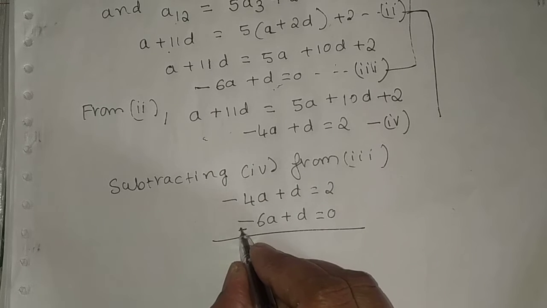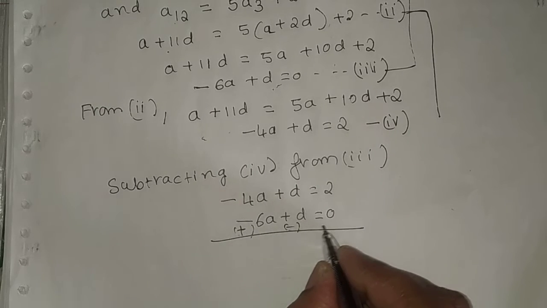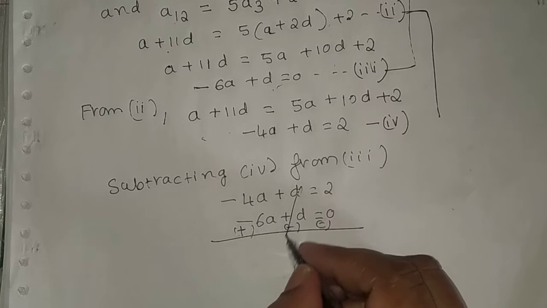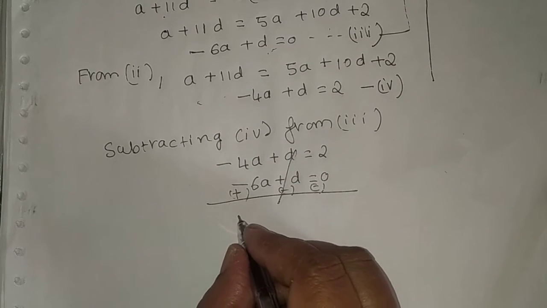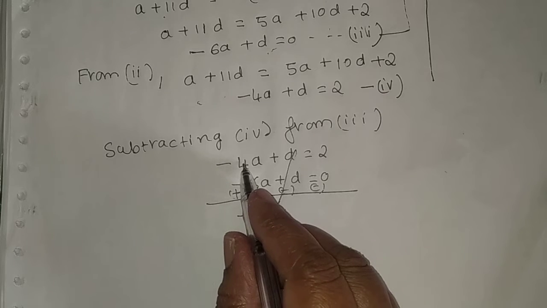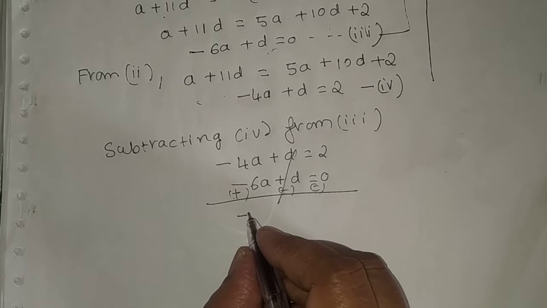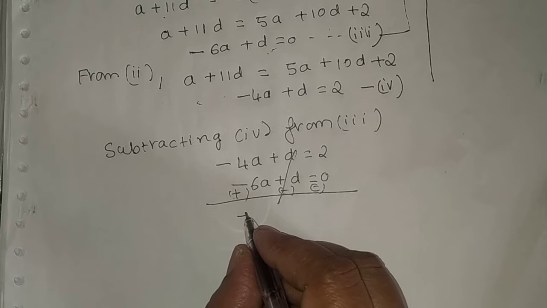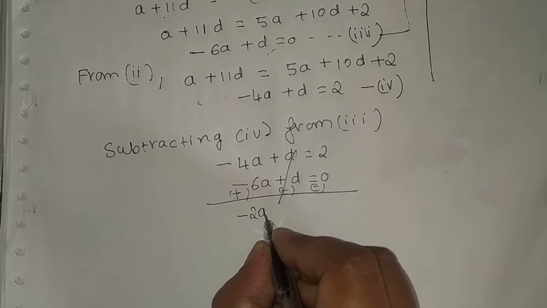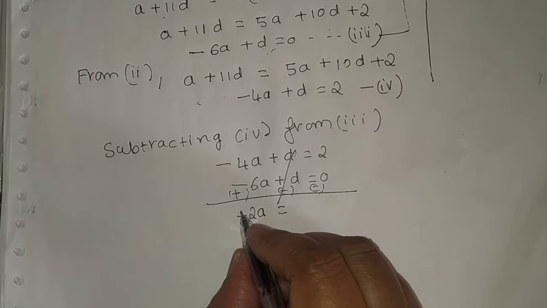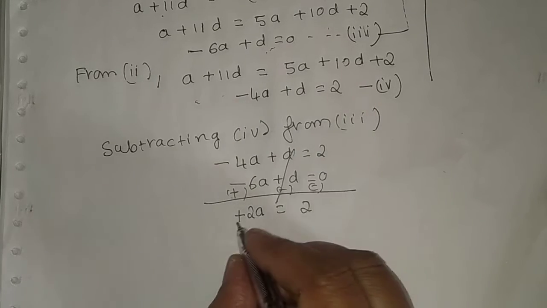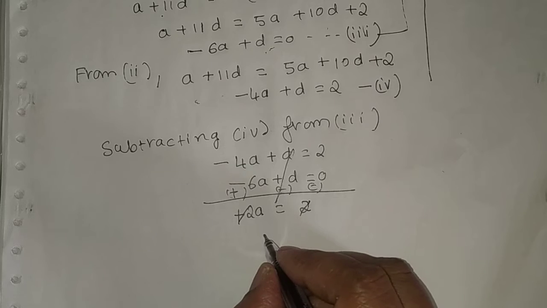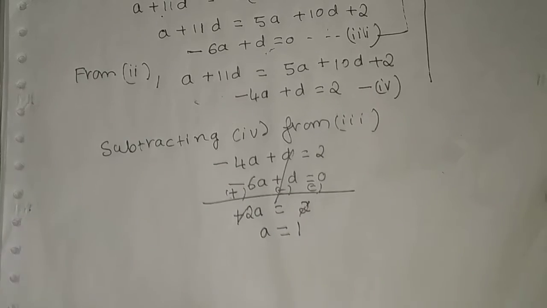So put here plus, then minus, then minus. These two go. Then we have minus 4A plus 6A, which becomes plus 2A is equal to 2. Then we get A is equal to 1.